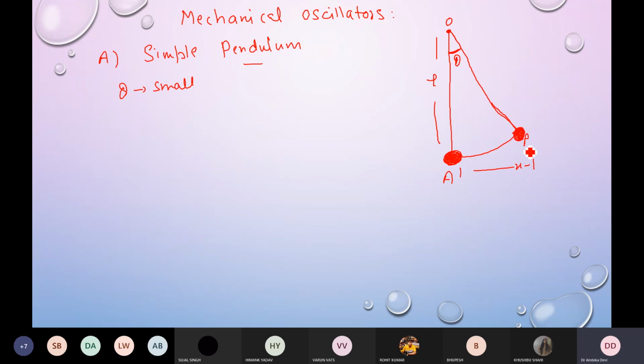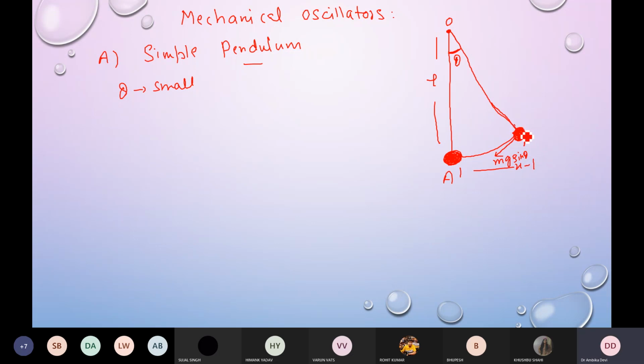The radial component is pointing towards the equilibrium position, let's say this one. This is the radial component, and this is mg sin theta.